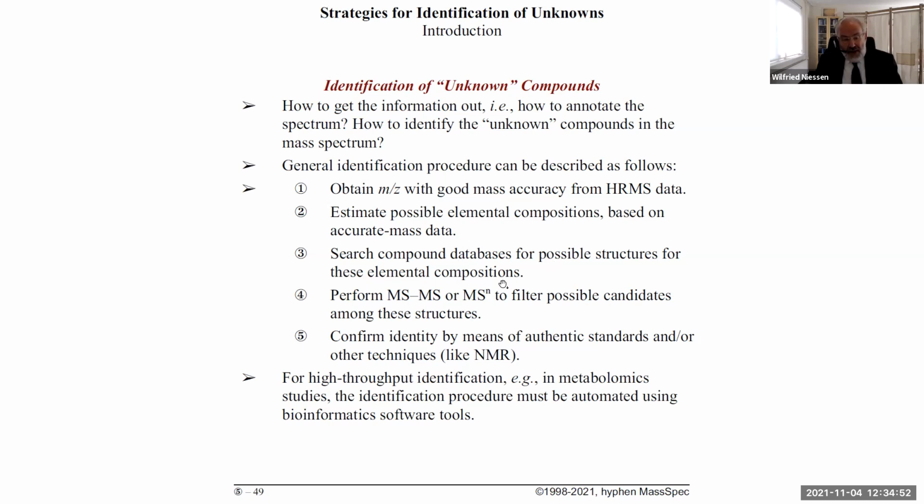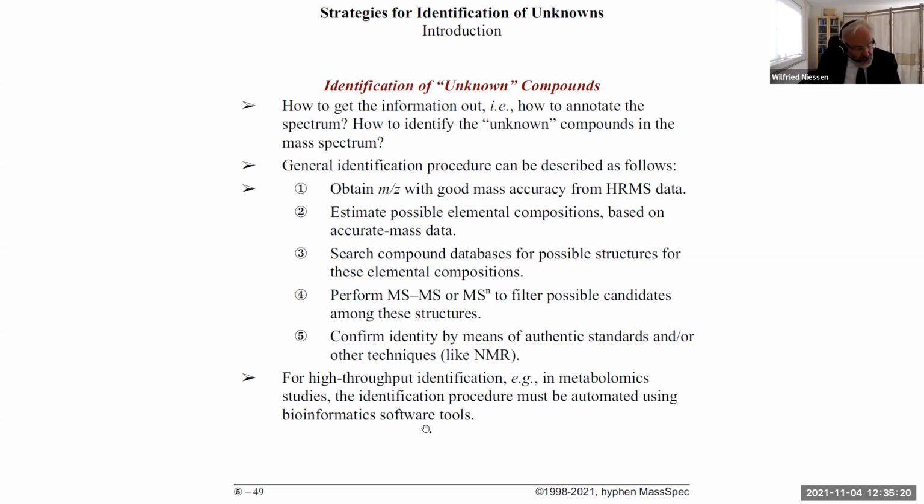I will filter the structures I get based on the MSMS or MS to the power n data, and see what the possible candidates are. Then I might need to buy some authentic standards and so on. This is the general procedure which I will illustrate.